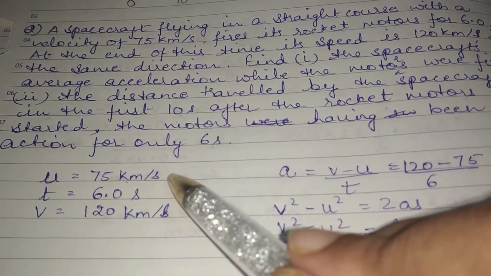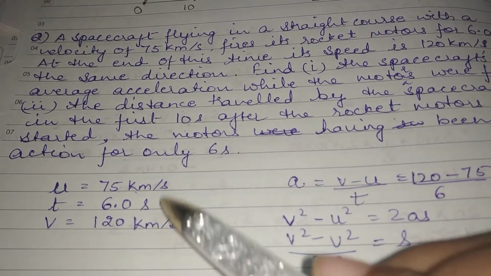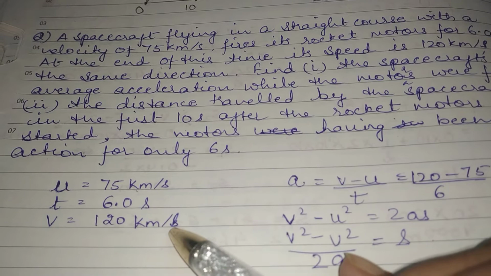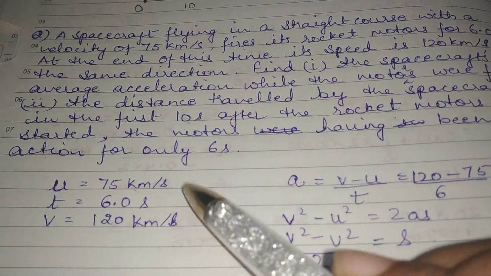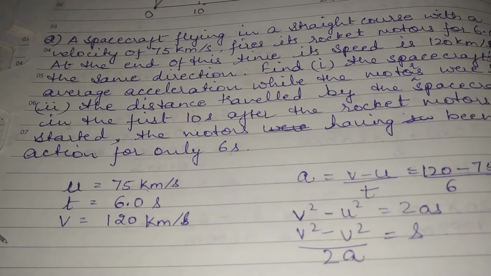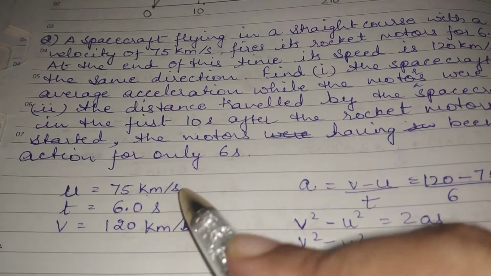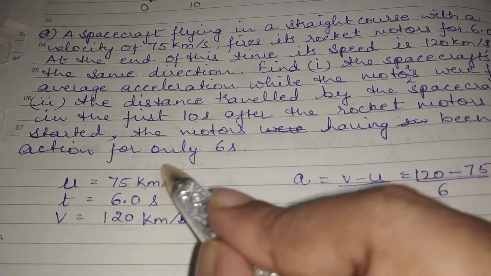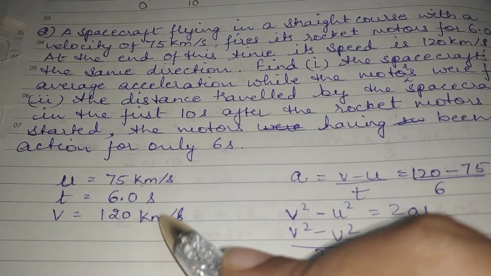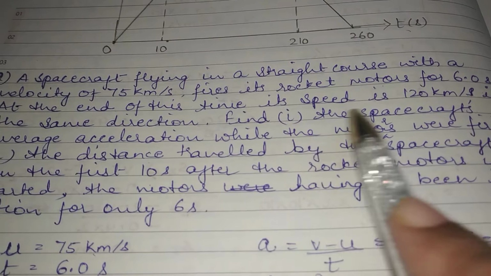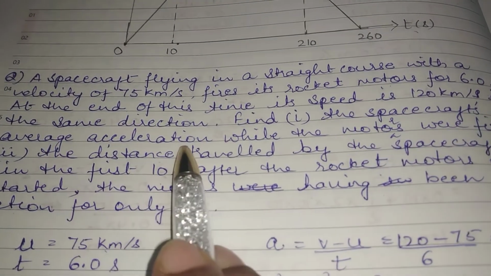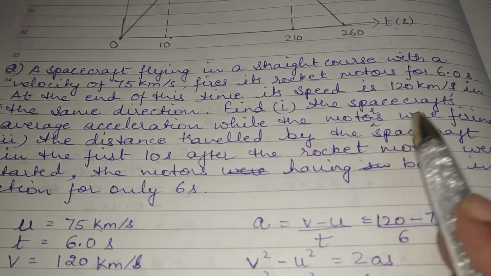Now you can see here initial and final velocity are in the same units, and time is also given in seconds, so there is no need to convert it into meter per second or in kilometer per hour because their units are same.